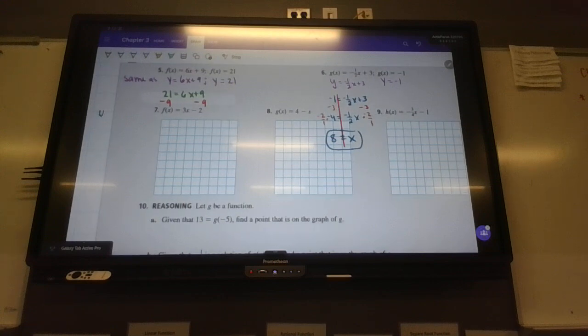But today we're gonna make an XY table, and let's plug in -2, 0, and 2. Or maybe I want to do them all. You don't have to do all 5 of these. But you can pick which ones you like the best.